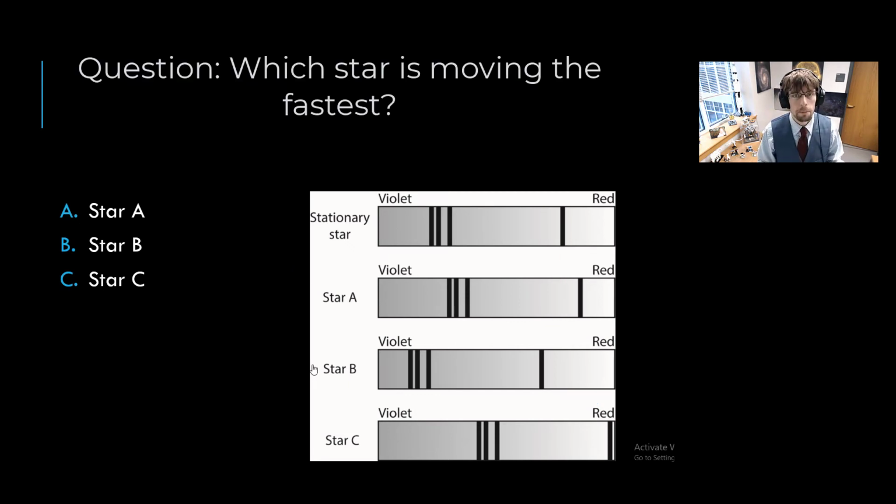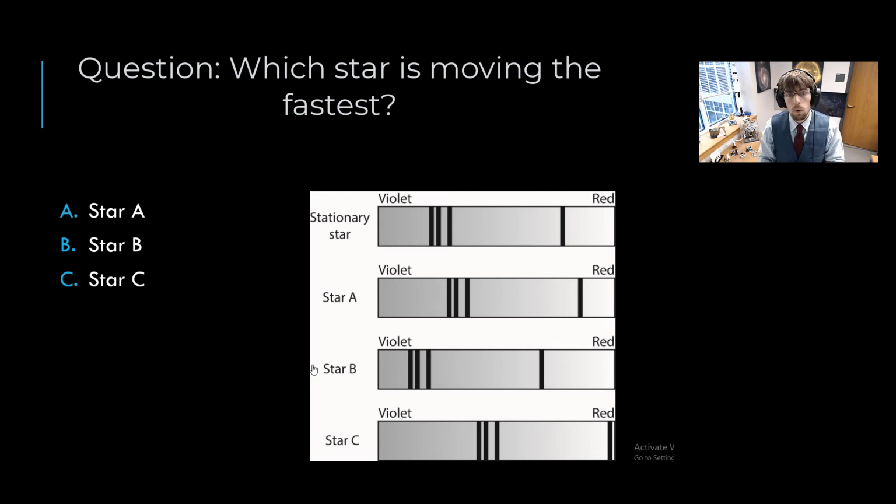Well, how about this one? Which star is moving the fastest? Good. And recall, the larger the shift, the faster the object must be moving. So the size of the shift is indicative of how fast the object is moving.